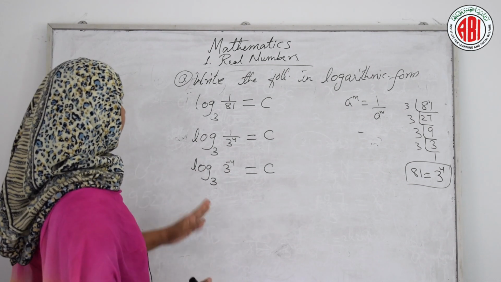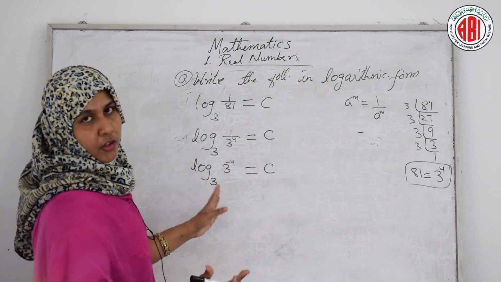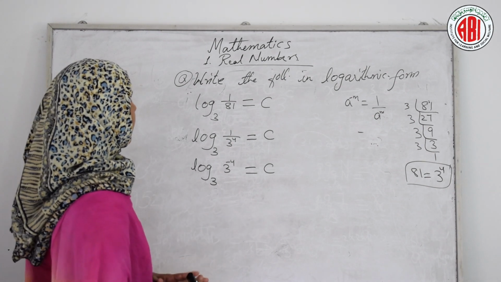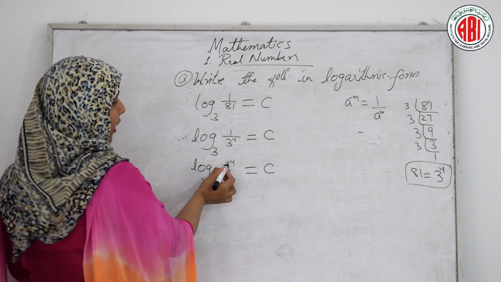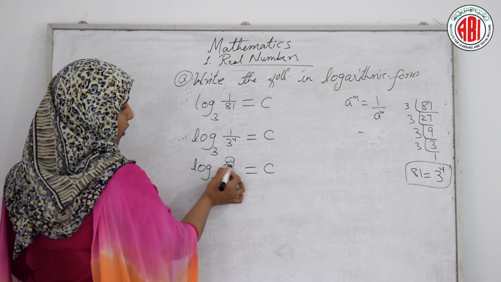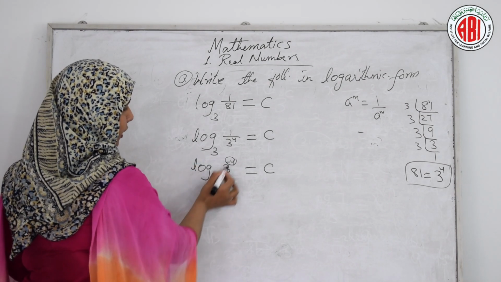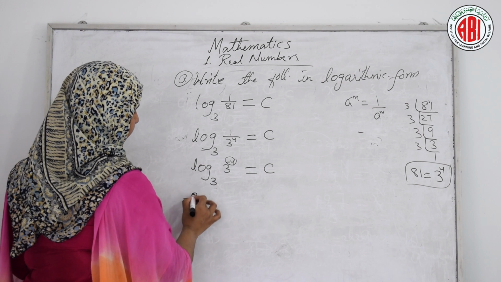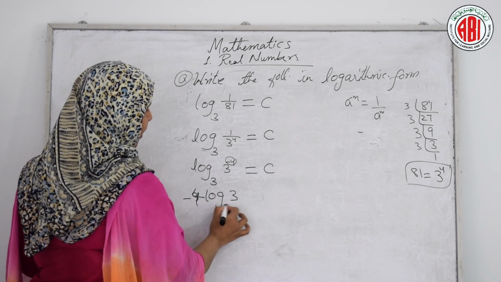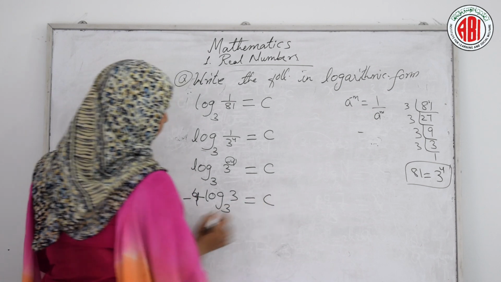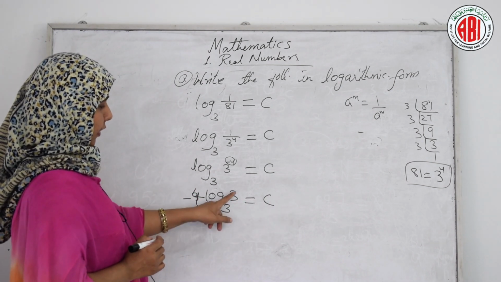Now after that we also have some logarithm laws, which I will explain after this. Here we are using that only: the power minus 4 we can shift to the front. Minus 4 log base 3 of 3 is equal to c. Here both are the same, no? 3 and 3.